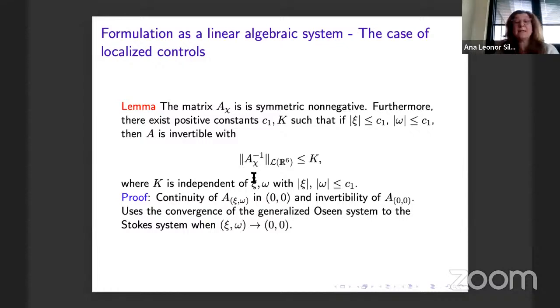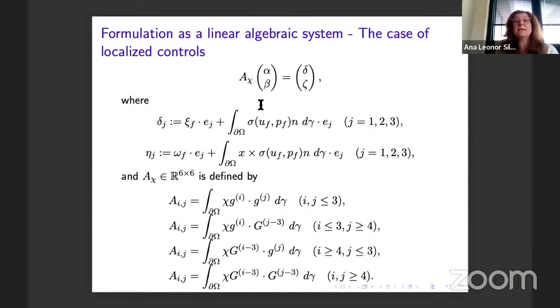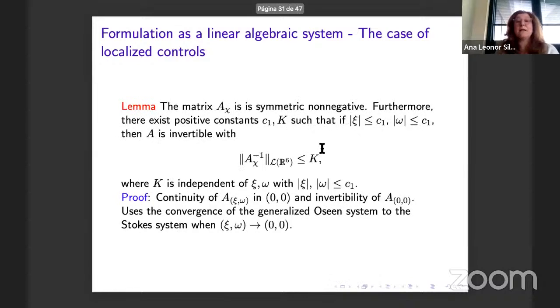What we can show is that the matrix that appears in this problem is symmetric and non-negative, okay, and in particular it is going to be invertible if we are not very far away from the matrix that is associated with the Stokes version of this problem, okay?